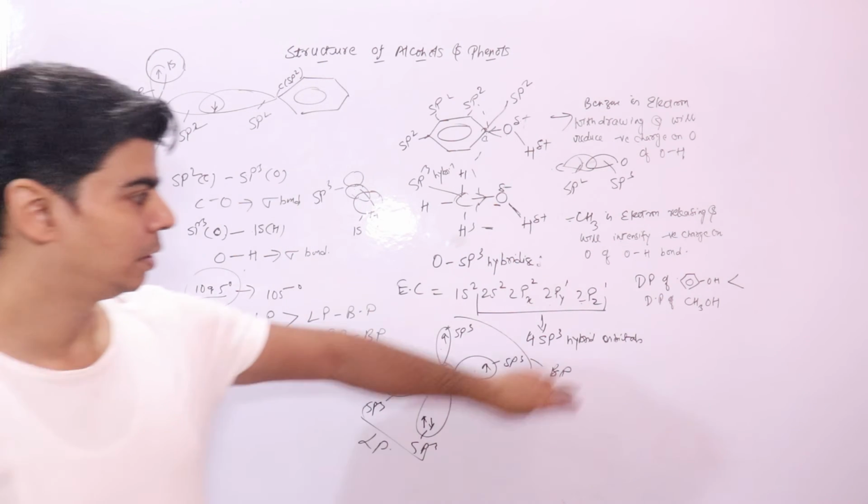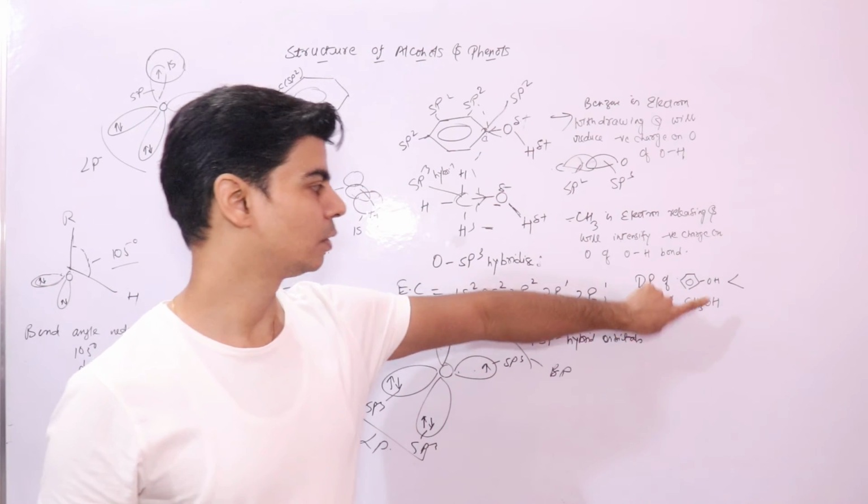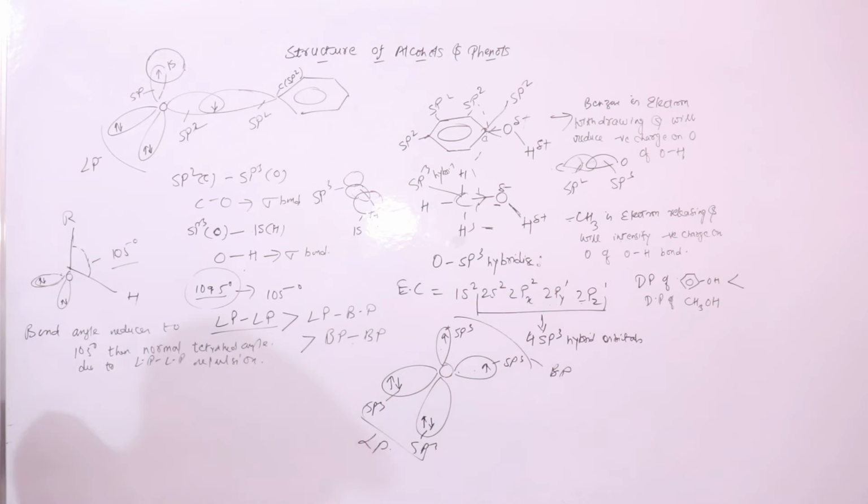So this is important, right? Why is the dipole moment of phenol less than that of methanol? The simple answer would be that negative charge on oxygen is reduced due to electron withdrawing effect of benzene, whereas in methanol, it is increased due to electron donating effect of the methyl group, right? I hope this is clear.